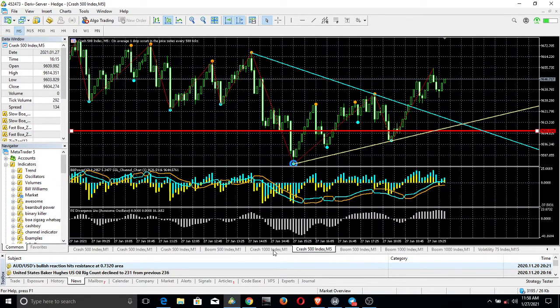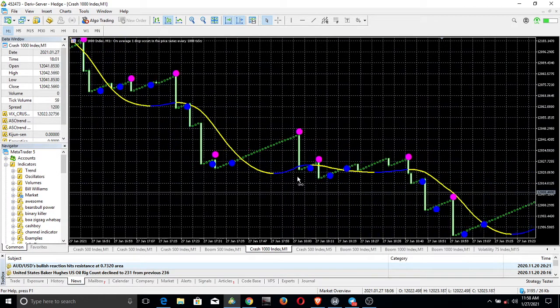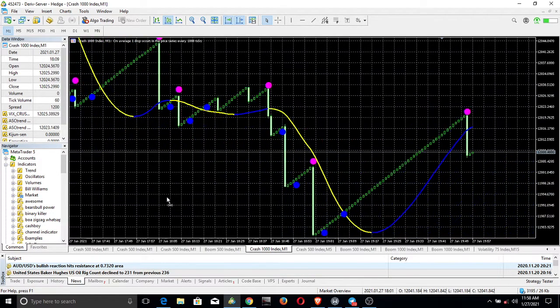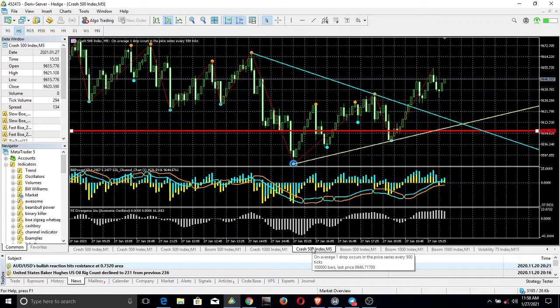As usual, you see this is our special indicator that we have been using for some time now, which is also very, very good, very awesome. But today we are discussing the FX bull indicator, which I call the channel indicator.